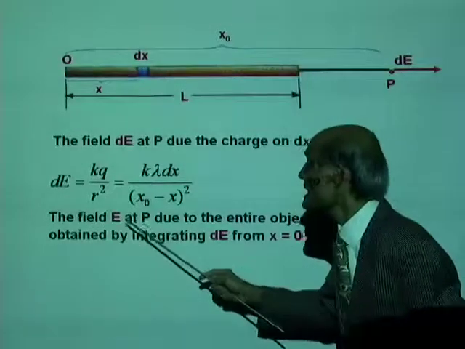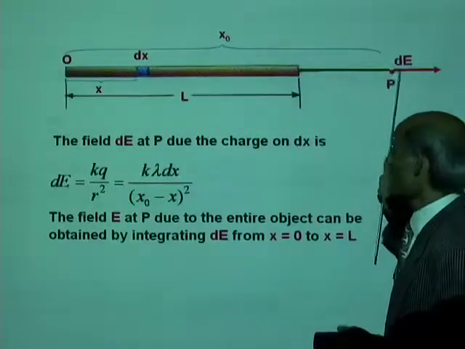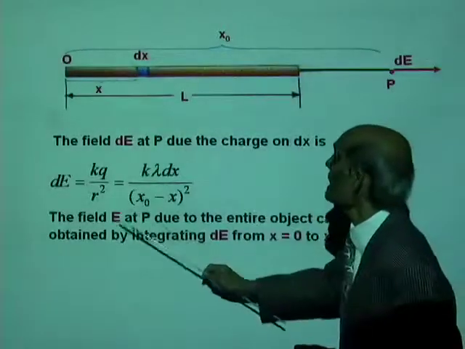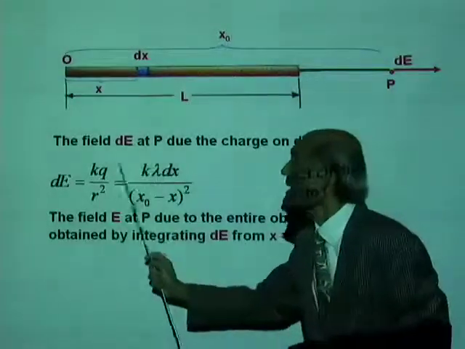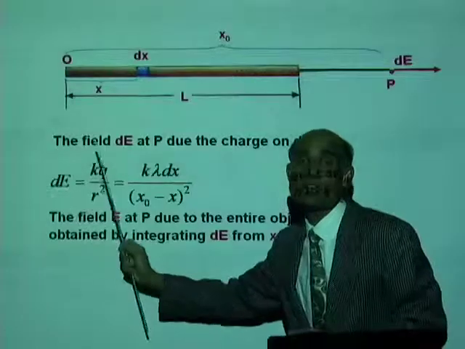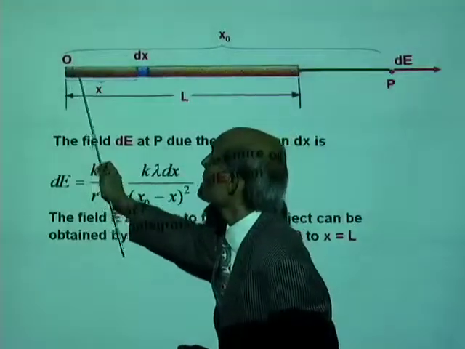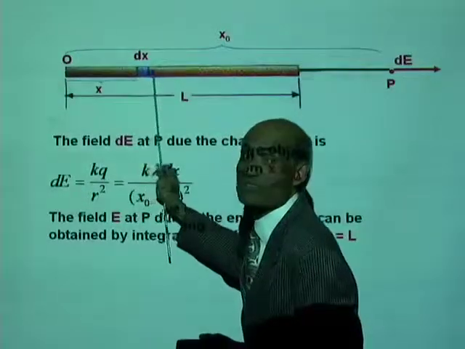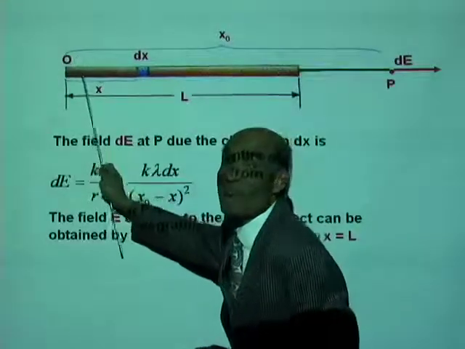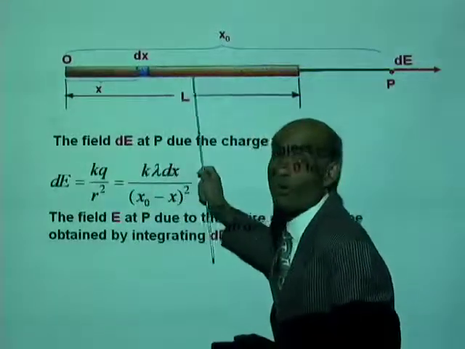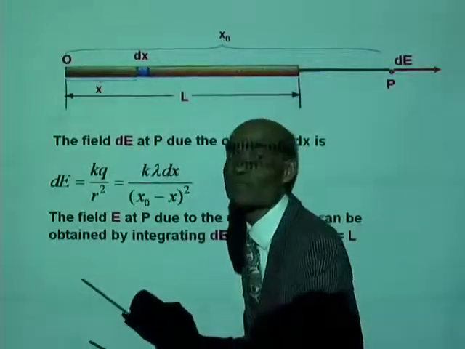The total field E at P due to the entire object can be obtained by integrating this dE. You see, this whole object can be divided into many such small segments. The total field E is the sum of the fields due to all such segments. Isn't that what we call in calculus integration?